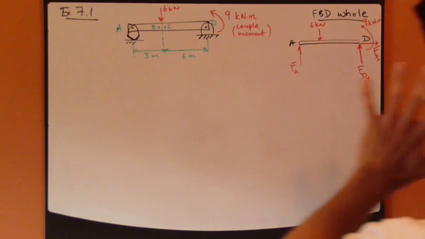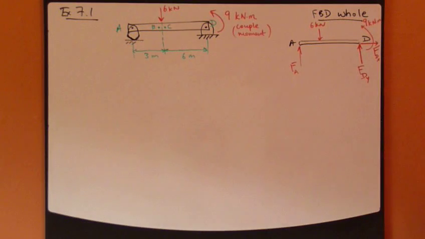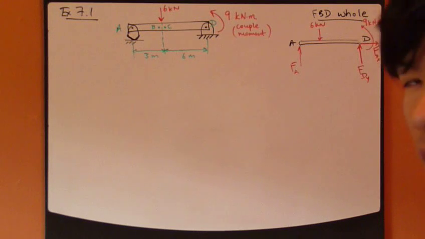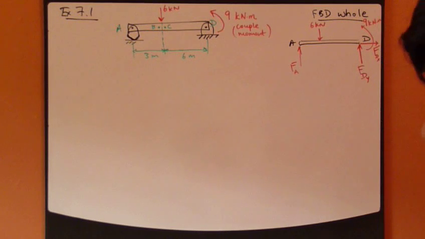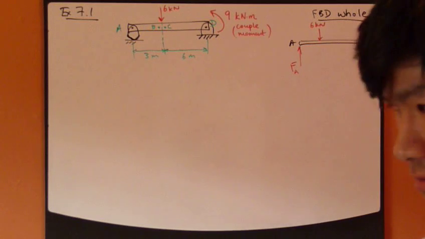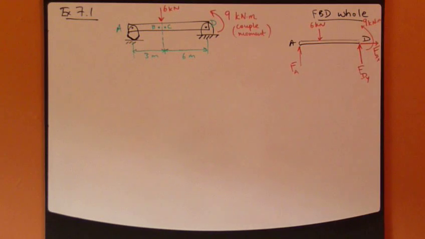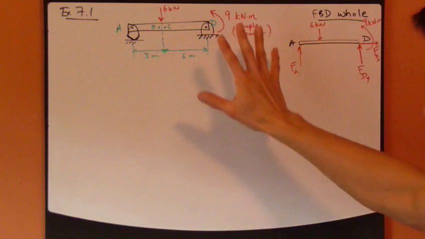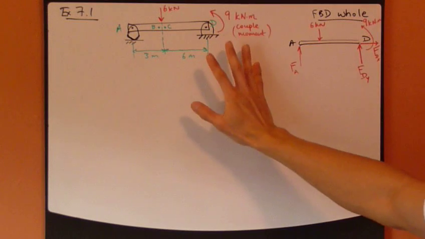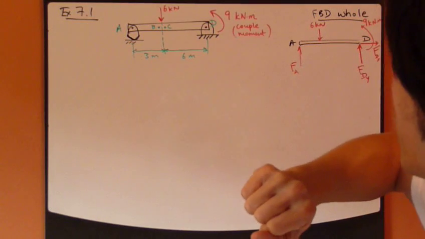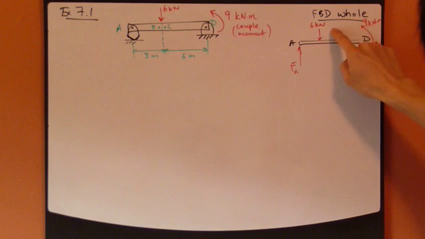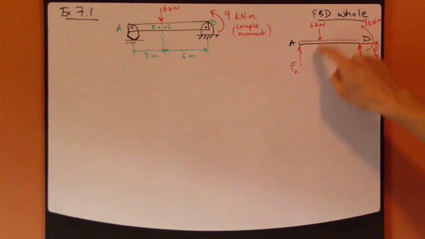So we're not going to consider weight right now. We'll start considering the weight after we talk about something called the center of gravity, and that's in later chapters. So for now, let's just keep it simple. Assume that mass is ignored. So the free body diagram looks something like this.